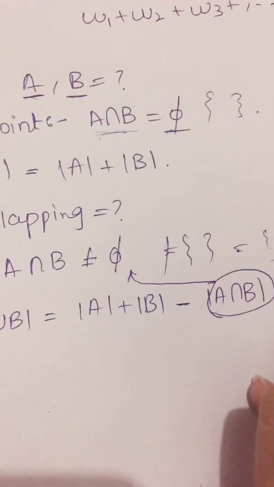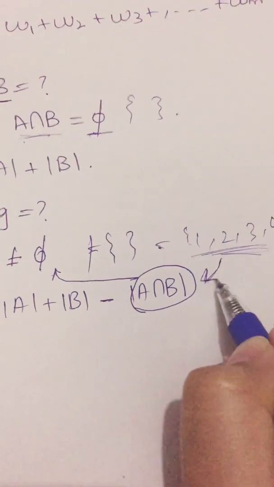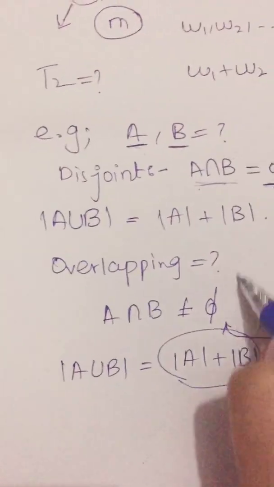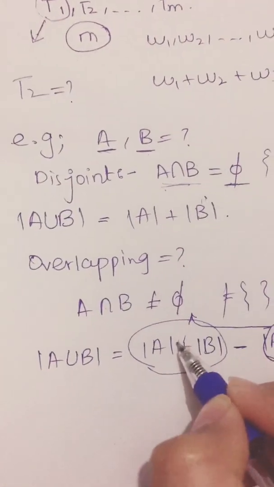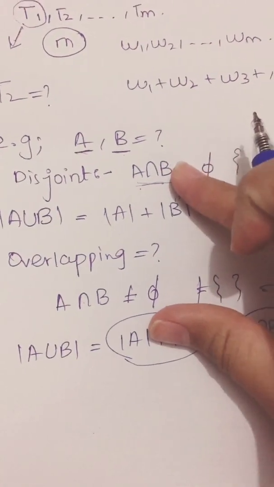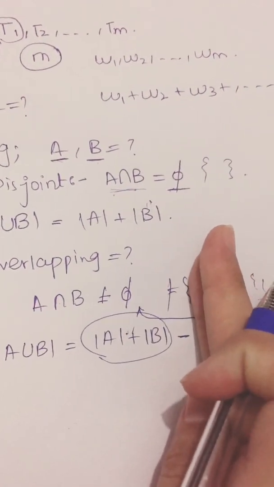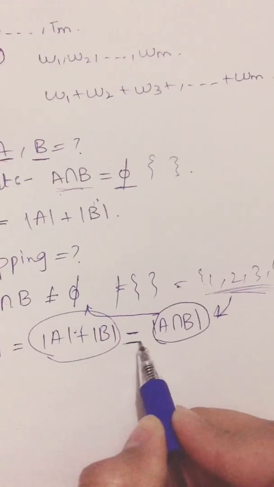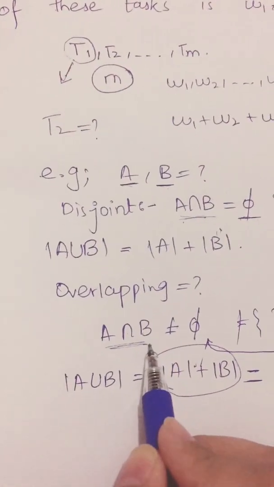So we have to find the difference. Whatever we get from the sum would be the same till here, then we have to subtract the intersection of these two tasks.